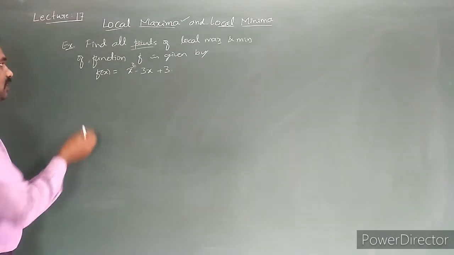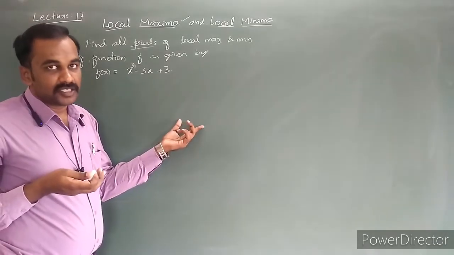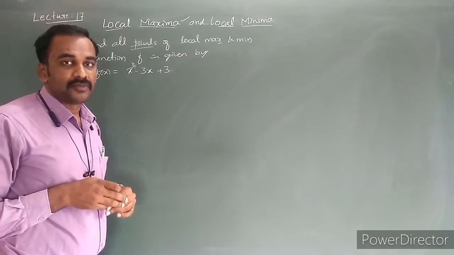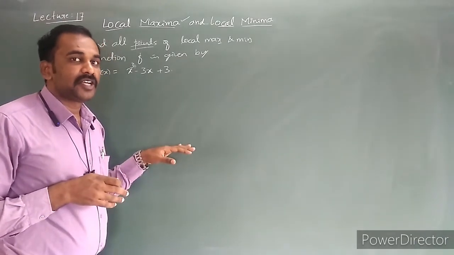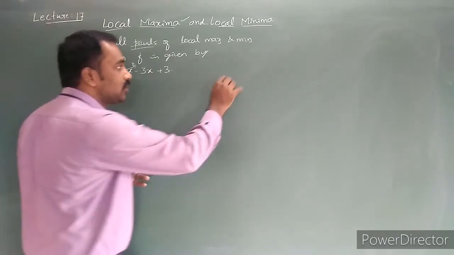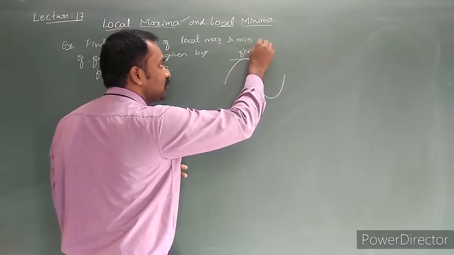So I am going to use the first derivative test. To use it, first find f dash of x, and then find the points at which the slope of the tangent is 0, because at a local maximum or local minimum f dash of x is equal to 0.